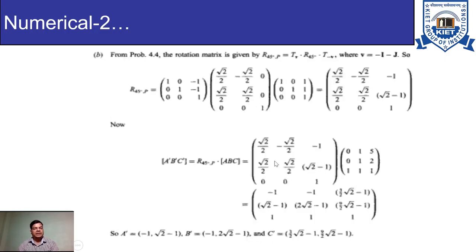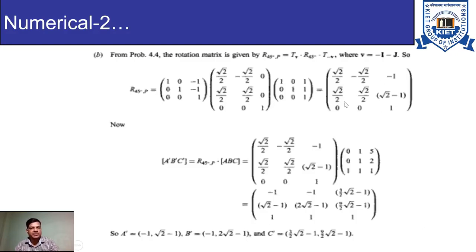In the second part, we have to perform the rotation of the triangle by 45 degrees about the pivot point. We have already discussed the matrix of pivot point, and it is a combination of 3 matrices, and we can directly apply the formula here and get the answer. I am directly applying the formula of rotation about pivot point.